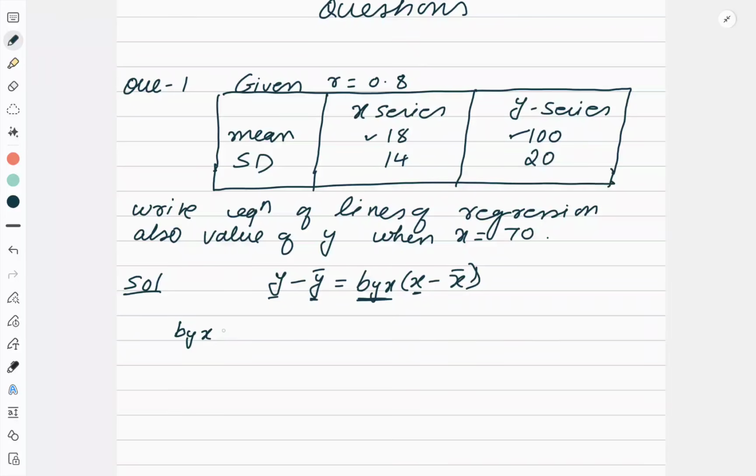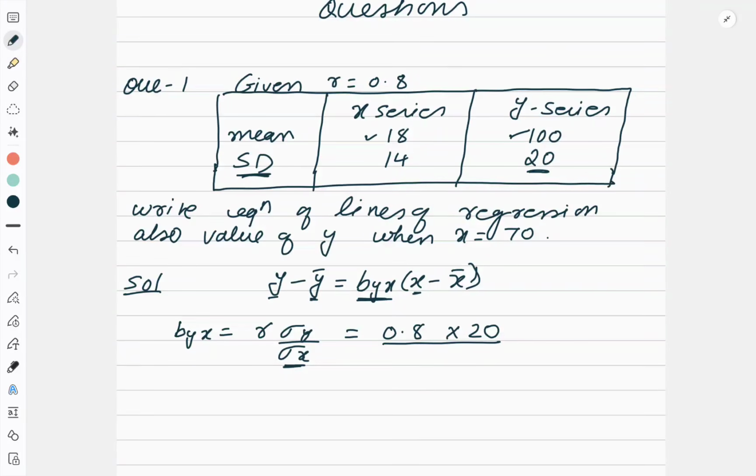We know that byx is equal to r sigma y upon sigma x. I will remind you here that there was one more formula for byx in terms of capital X and capital Y. That is used when a table is given, when the values of x and y are given. If it is not given, I will prefer to use this one. Now what is the value of r? 0.8. Sigma y means standard deviation of y series, that is 20.